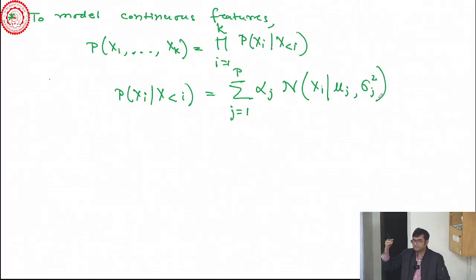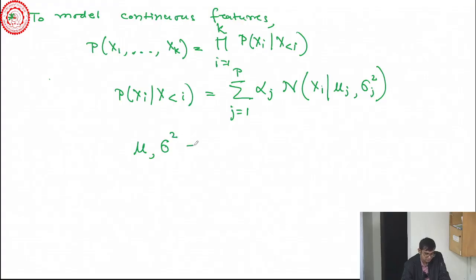So in that case, mu j and sigma j square will become the output of my neural network. So basically one more line will come here, which is mu, sigma square, will model, and I'm not writing j here because for each j it will be a neural network. So maybe I should write j.